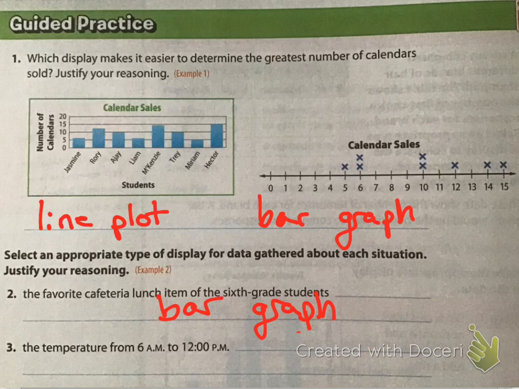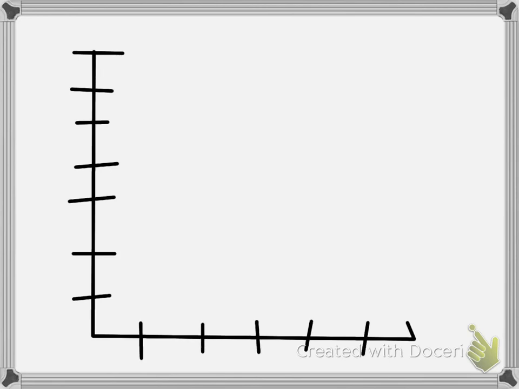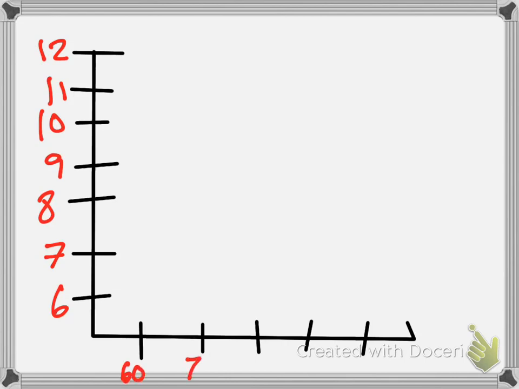So for example, if I was to make this trend, I would have my axes here, this 6, 7, 8, 9, 10, 11, 12, right? And here I'm going to say it's 60 degrees, 70 degrees, 80 degrees, 90 degrees, 100 degrees. Okay, that's way too many degrees. Anyway, so then I'm going to graph my thing.